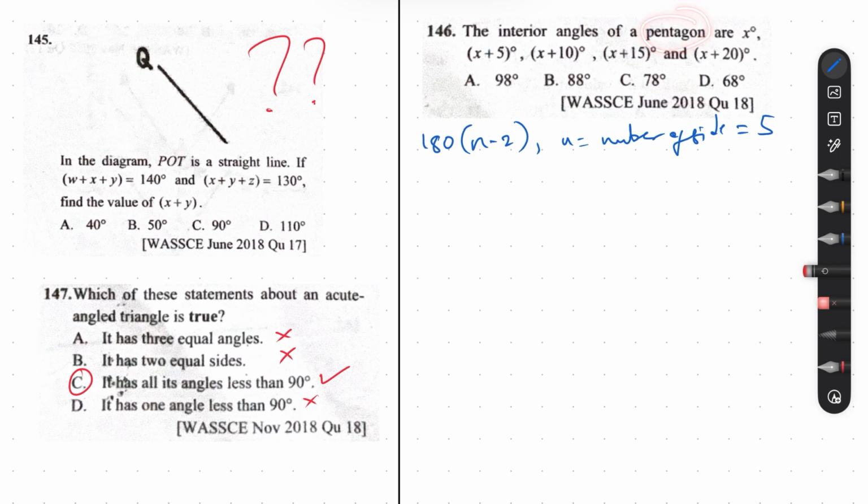Okay, cool. So now if we put the 5 inside, we would have 5 minus 2, and that will be equal to the sum of all the angles. Okay, so we would have x plus 5 plus x plus 10 plus x plus 15 plus x plus 20.